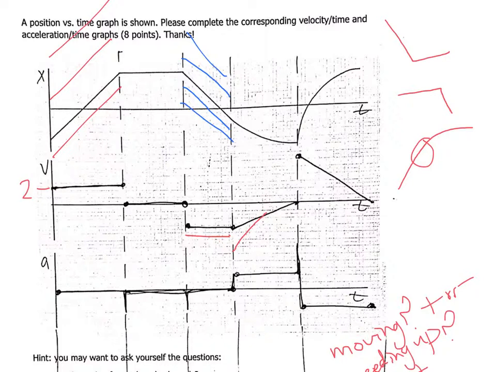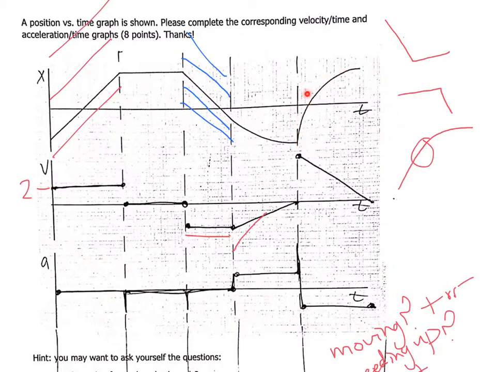Lastly, for our last section, again, we don't care whether it's above or below the time axis. We're just looking at the slope. Notice how the slope is positive and steep. It has some great positive velocity, and it has a great positive slope. Yet it is flattening out, meaning the slope is approaching 0.